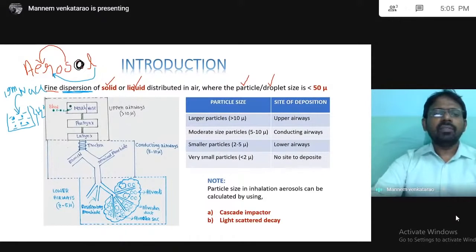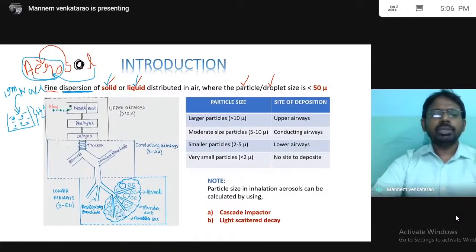What is the solvent phase in aerosol? The solvent here is air. Whereas what is the solute in aerosol? That is either solid particle or liquid droplet. The solid particle uniformly distributed in air is called as aerosol, or liquid droplets distributed in air also called as aerosol. That's why the conclusion is every dispersion contains minimum two components.